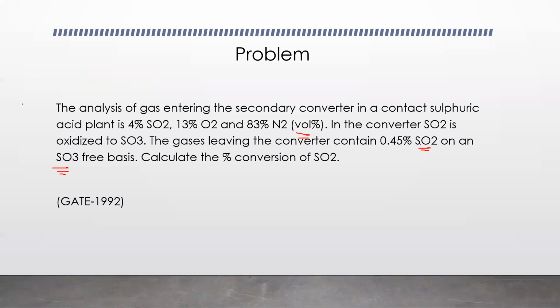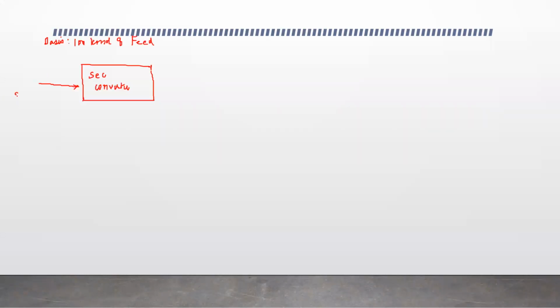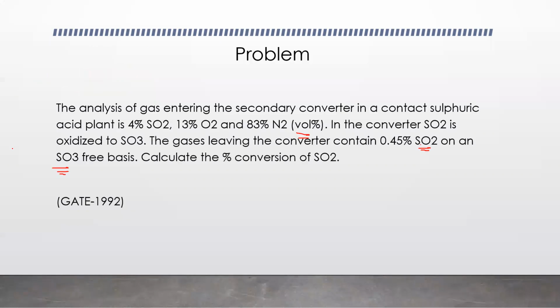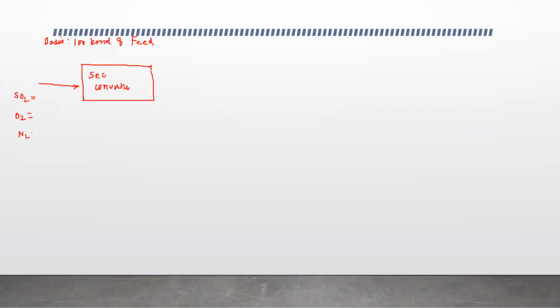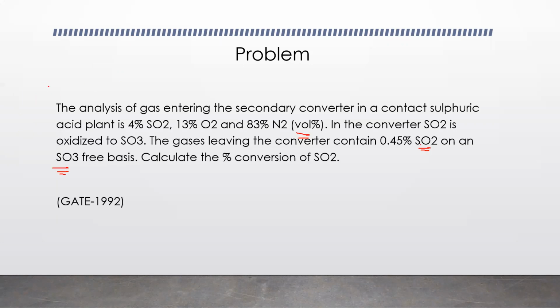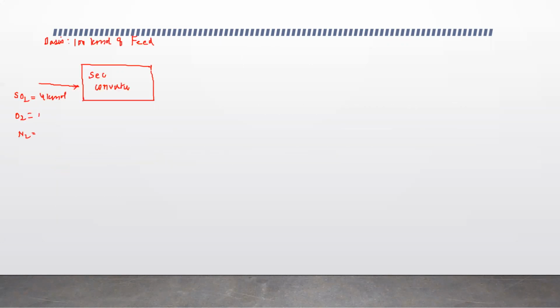Therefore, in the feed we have 4 kilomole of SO2, 13 kilomole of oxygen, and 83 kilomole of nitrogen.